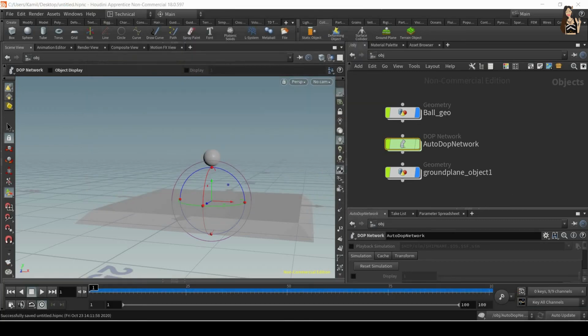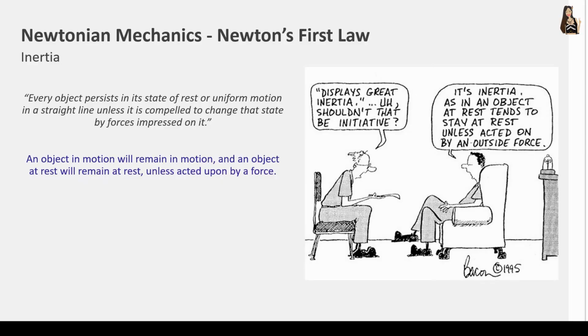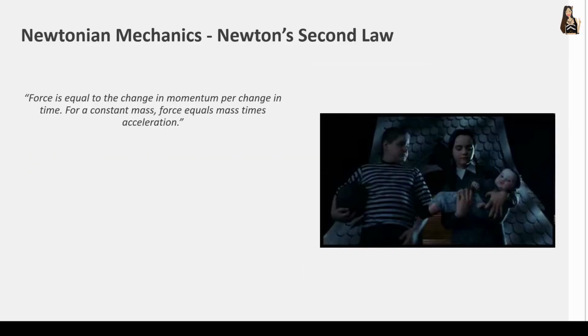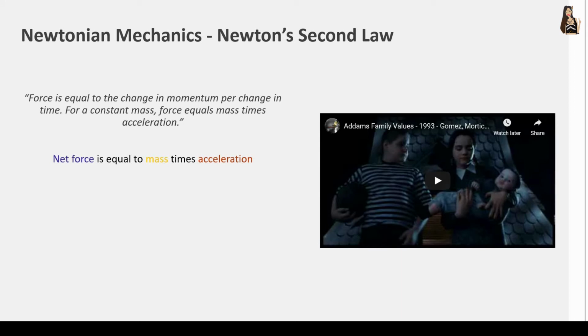Brilliant. So what is the second law of motion. So the second law of motion states that force is equal to the change in momentum per change in time. For a constant mass, force equals mass times acceleration. This might seem quite confusing, so let's break this down.